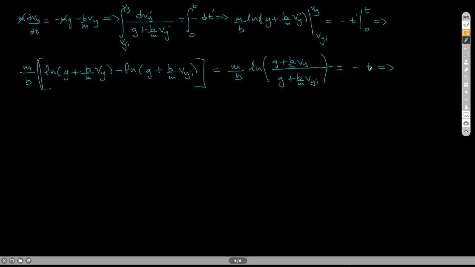I will move m over b to the other side, and then I'm going to get rid of the natural log, so I have the fraction g plus b over m vy over g plus b over m vy initial. What I'm doing here is getting rid of the natural log, so I have the exponential, and I moved over the m over b, so I have minus b over m times time. Now I will rearrange these things.